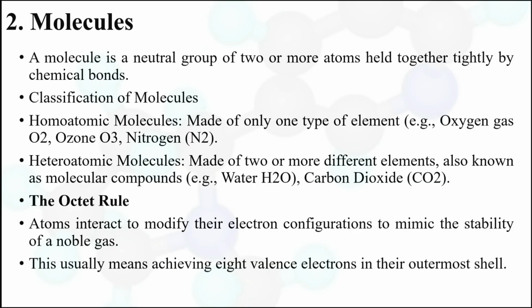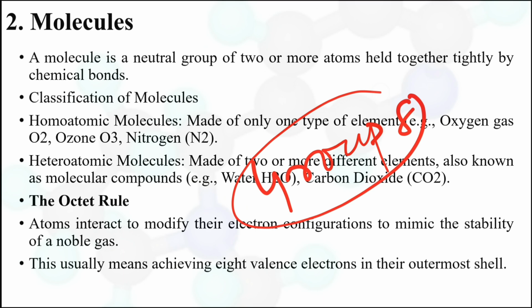These gases make up group 18 of the periodic table: helium, neon, argon, etc. These elements are colorless, odorless and tasteless with very low chemical reactivity. So they react less because they have full outer electron shells. Those atoms have a complete set of electrons in their outer shells. They usually achieve 8 valence electrons in their outermost shells.